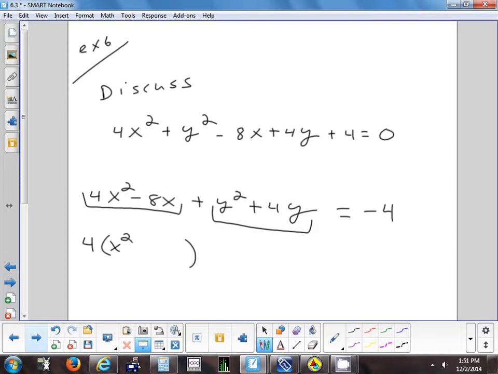That would leave me with x squared minus what? 2x, yeah. Leave a little bit of space here, because you're going to add a number in a second. On the y's, you don't need to do that. It already is a 1, leave it alone. Again, leave a little bit of space after the 4y, because you're going to add another number there as well.